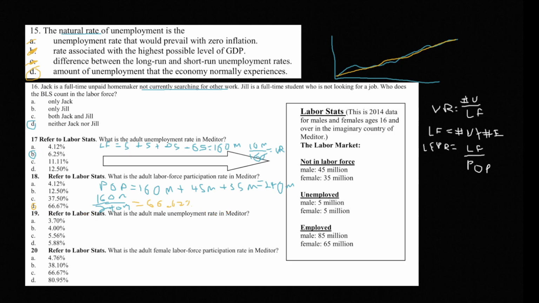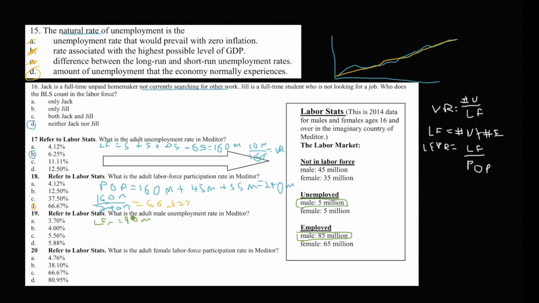All right, what is the adult male unemployment rate? So we only look at the males for unemployed and employed. The labor force of males is 5 million plus 85 million, or just 90 million.